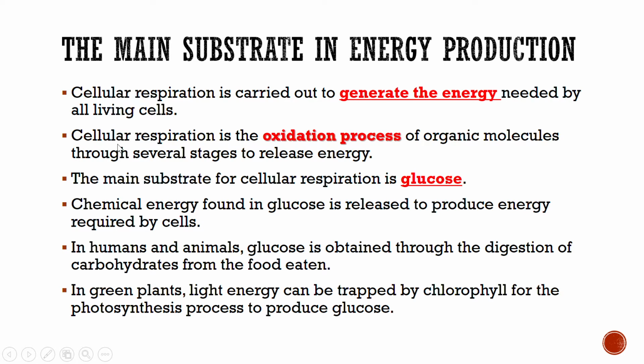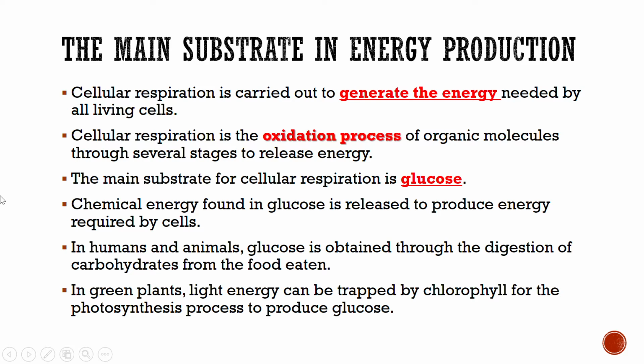And what is the meaning of cellular respiration? It is the oxidation process of organic molecules through several stages. So it's a complex process, and in the end, the aim is to obtain energy. The chemical energy found in glucose is released to produce energy required by cells.